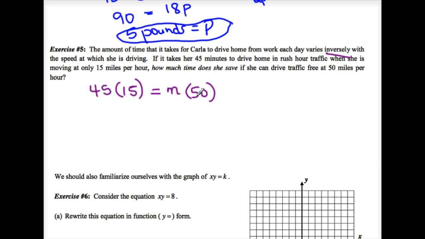So if we multiply this and simplify, we get 675 is equal to 50M. Divide both sides by 50, and we will get 13.5 is equal to M. This 13.5 minutes is what it takes her to drive home.